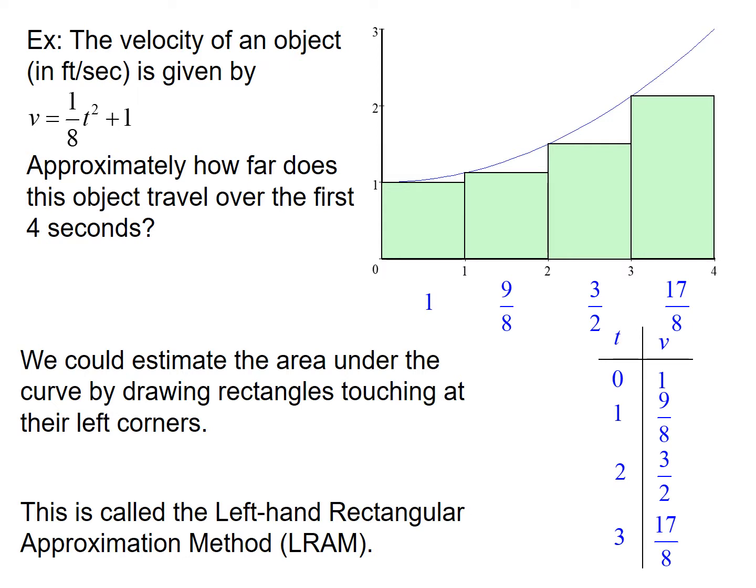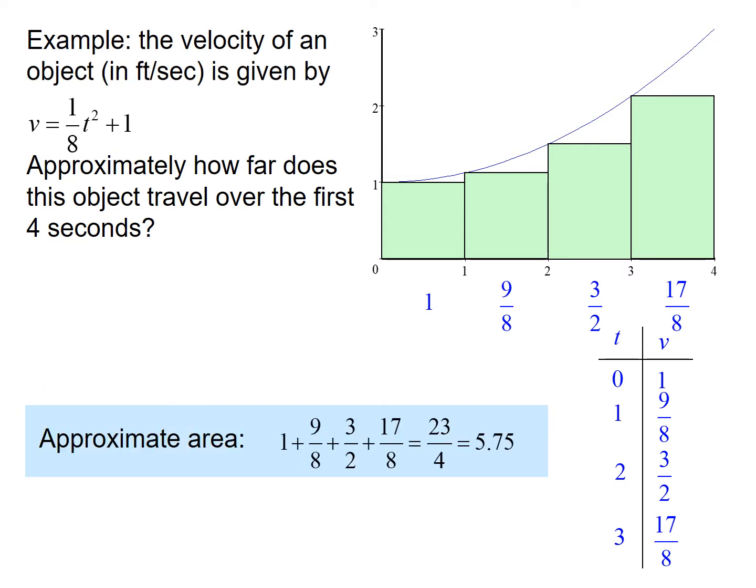So we can find the area of each of these rectangles. They're all 1 unit wide, so we add up all of those areas, and we get 5.75. So the distance traveled is approximately 5.75 feet.